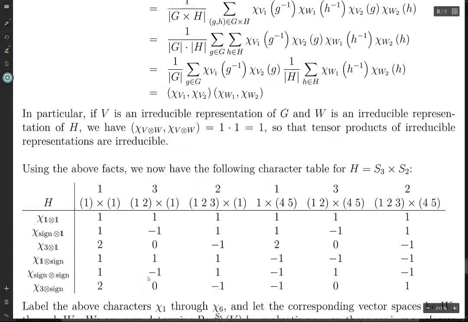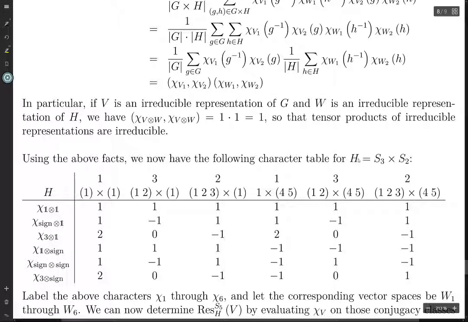So now we can find the character table for our original thing that we were calling H. What we do is we know that the conjugacy classes are just the direct products of conjugacy classes of the groups by themselves. We've got 1, 2, 3 for S3, and then we've got 1 and 2 for S2.